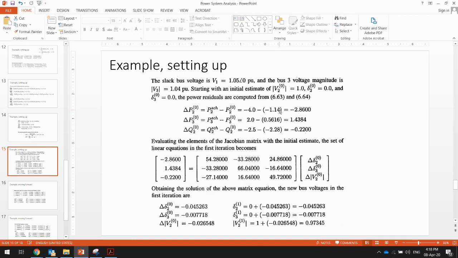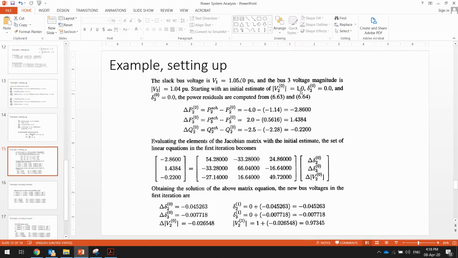This is what we call P2^0, P3^0, and Q2^0. The 0 over here notifies that it is the initial assumption. And this is the scheduled power value that we are given. So we find the difference. The purpose is to get the difference as small as possible, ideally 0.